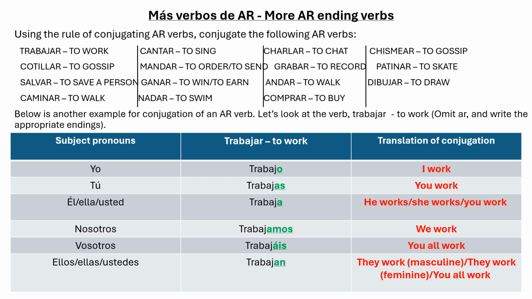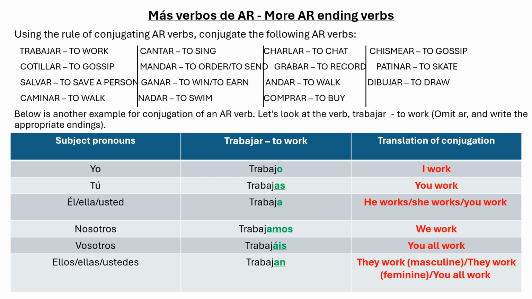So I will write yo trabajo, I work, tú trabajas, you work, él, ella, usted trabaja, he works, she works, you work, nosotros trabajamos, we work, vosotros trabajáis, you all work, ellos, ellas, ustedes trabajan, they work, masculine, they work, feminine, and you all work, formal.